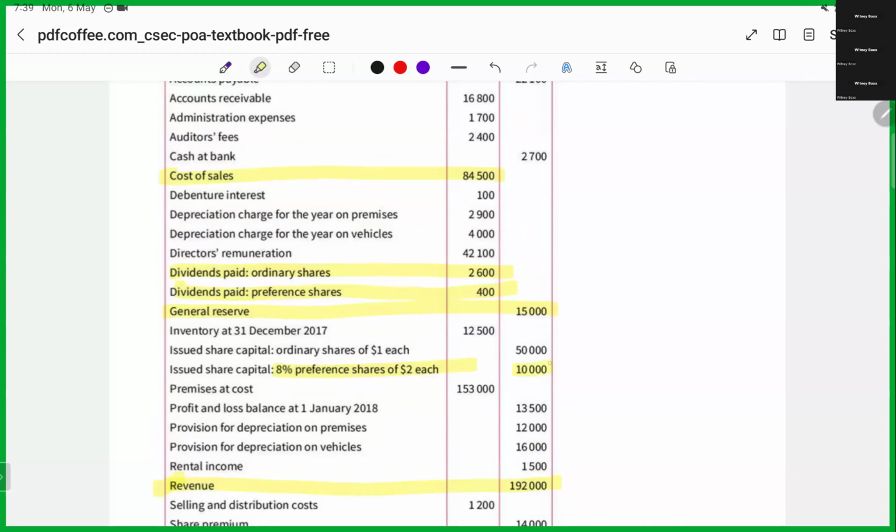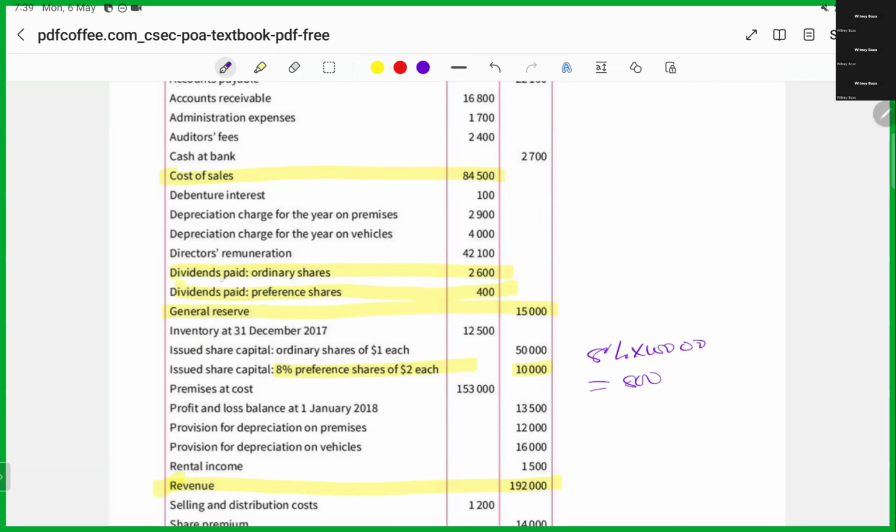So find 8% of that $10,000. How much do you get? 8% of 10,000 is going to be equal to $800. That 800 should be the total dividends for preference shares for the year.